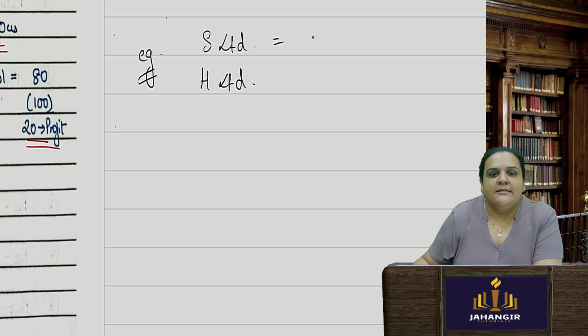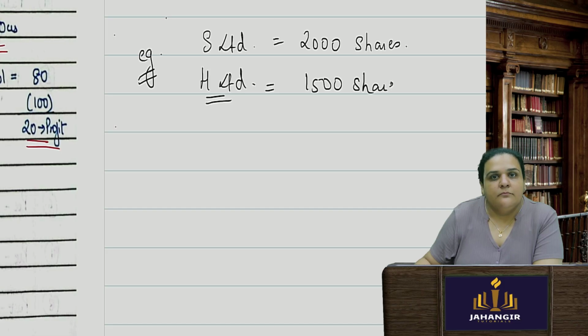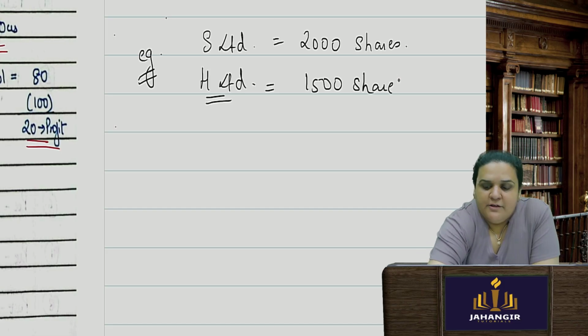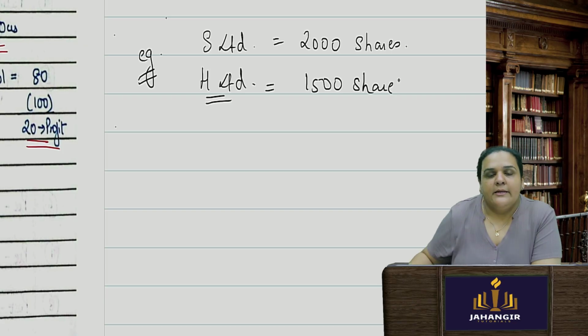S Limited has say 2000 shares in total. From that, H Limited is owning 1500 shares. If I ask what is the percentage holding, you will say, ma'am, it is 75%.